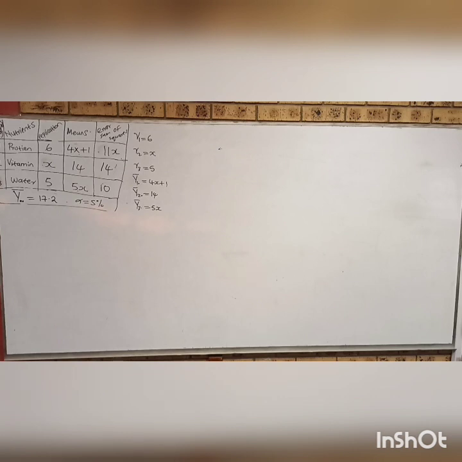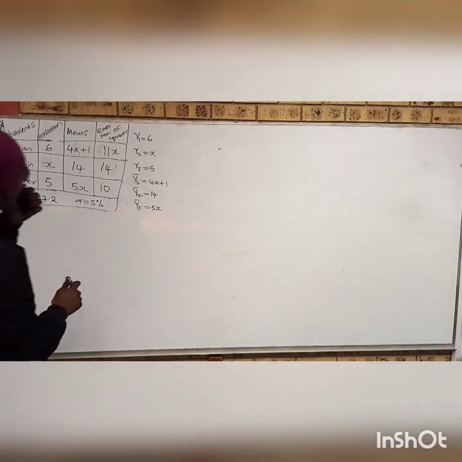So we're given the means. The mean for protein is 4x plus 1, which is yet unknown. The mean for vitamin is 14, and the mean for water is 5x. Then we're given the error sum of squares.